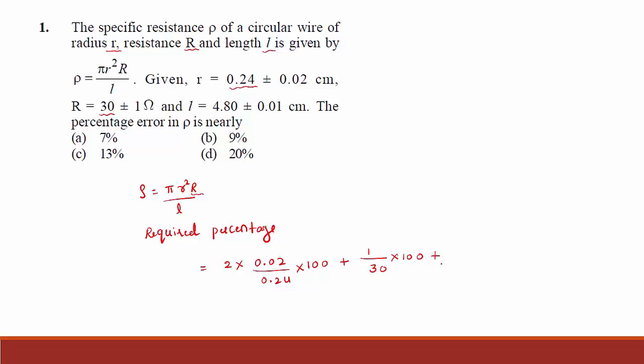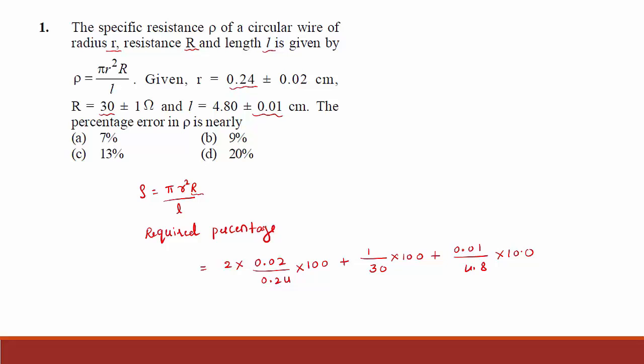Plus, the third term is length. Length is given as 4.80 plus or minus 0.01 centimeter. So we can write 0.01 divided by 4.8 into 100.